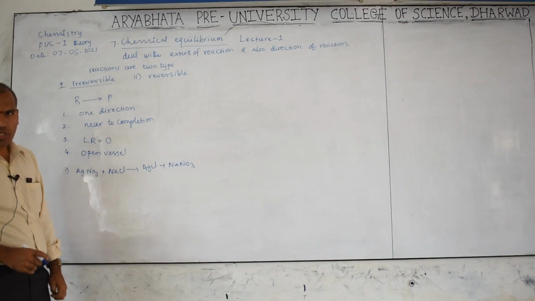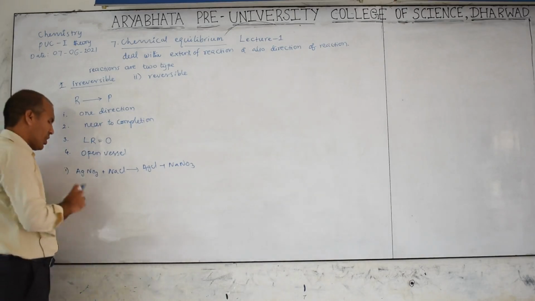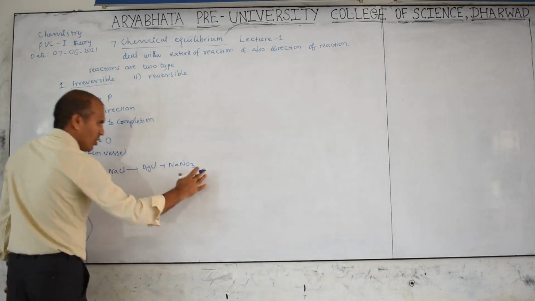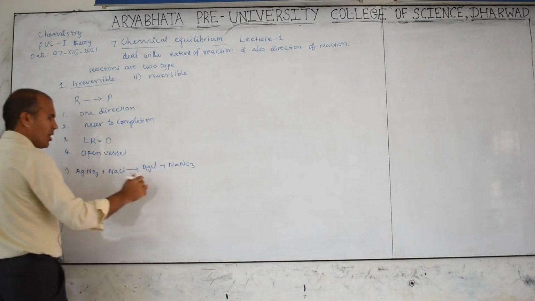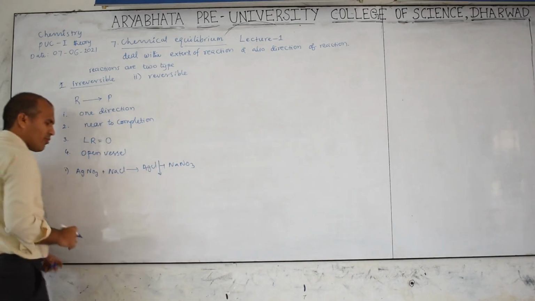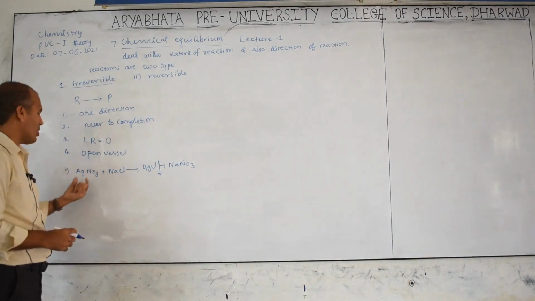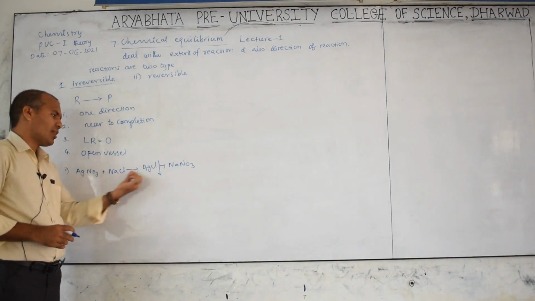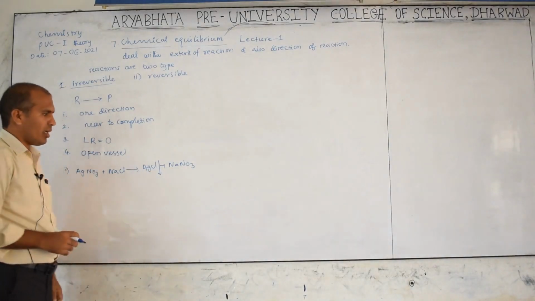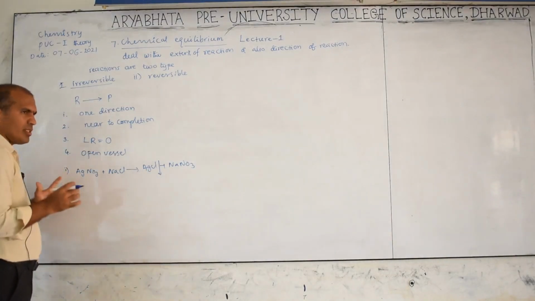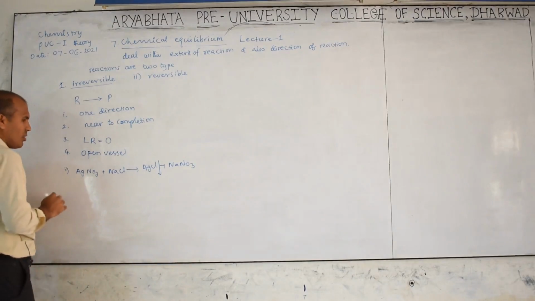Generally precipitation reactions are irreversible reactions. The reaction proceeds in one direction. There are many examples, I am giving only a few here. AgNO3 plus NaCl converts to AgCl and NaNO3. So this is an irreversible reaction.